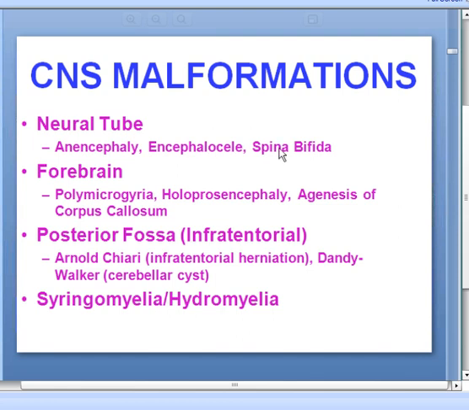If you have failure of closing of the neural tube, especially in the spine, dorsally or posteriorly, that would be the basis of spina bifida, and that would include not only perhaps the neural portion of the tube, but the overlying bone and soft tissues as well.